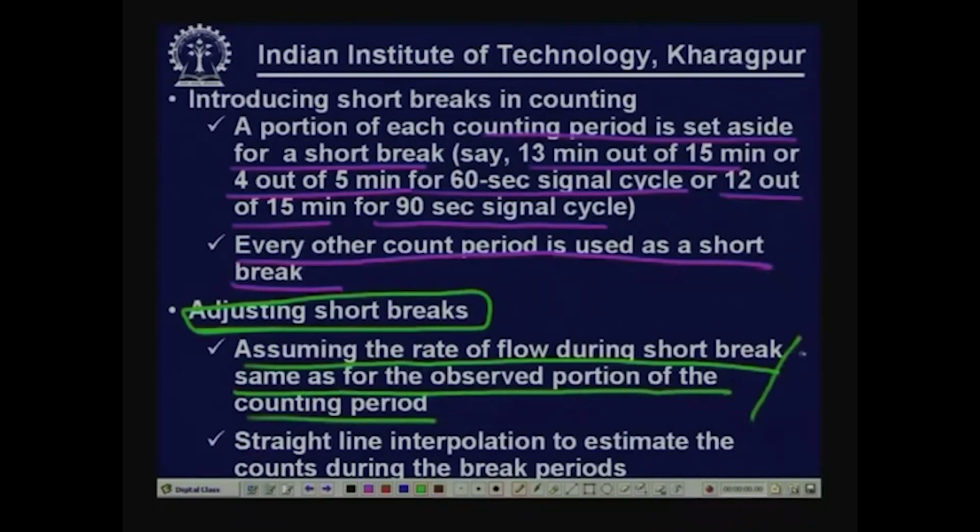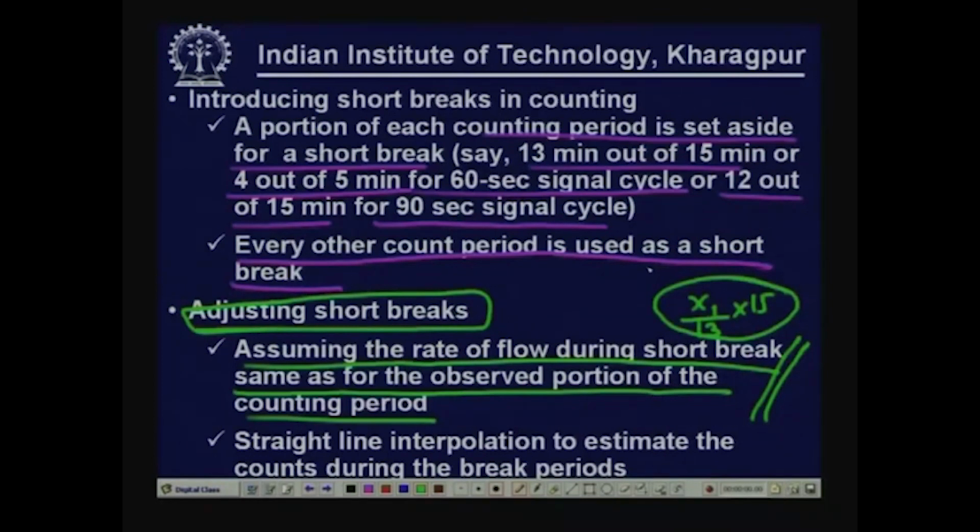That means, suppose I have observed x1 number of vehicles in 13 minutes, then the traffic volume may be x1 by 13 into 15.